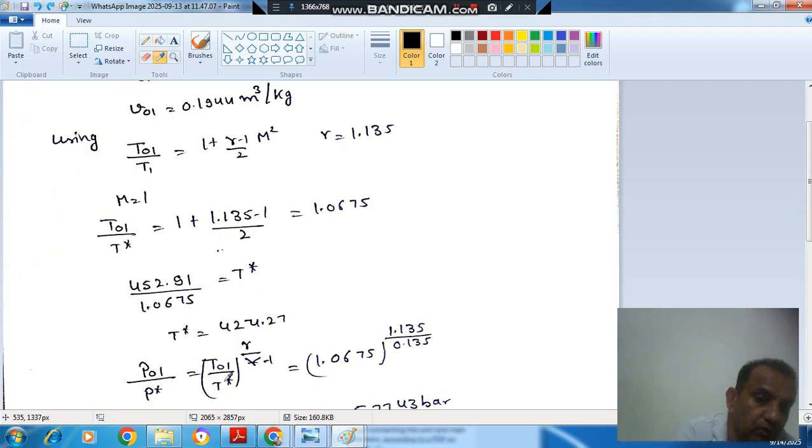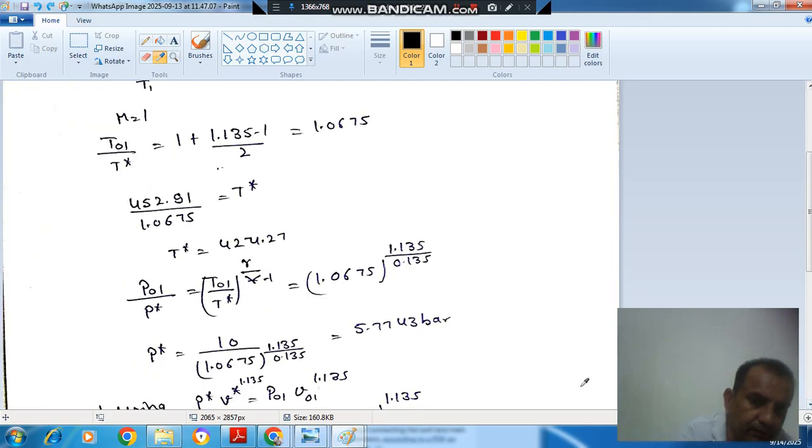Now we can use the isentropic relationship to find P star. T naught by T star is equal to (P naught by P star) raised to the power (gamma minus 1) by gamma. Gamma is 1.135 and T naught by T star we have calculated as 1.0675. So P naught 1 by P star can be found out, and P naught 1 we already know is 10 bar, so P star comes as 5.7743 bar.